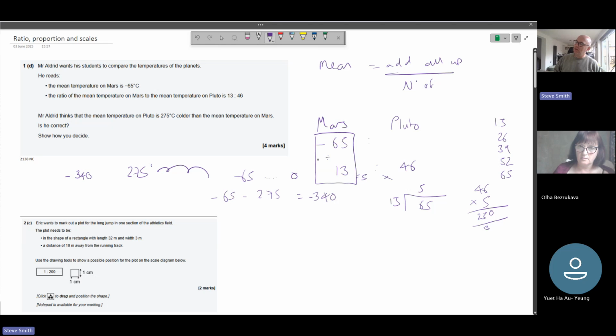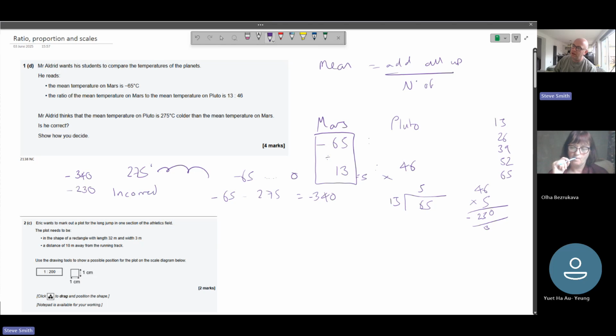And don't forget, it's a minus here, because it's basically saying minus 65 divided by 13 will be minus 5, and minus 5 times 46 would keep it as a minus, and so we'd have minus 230. Mr. Aldridge is incorrect.